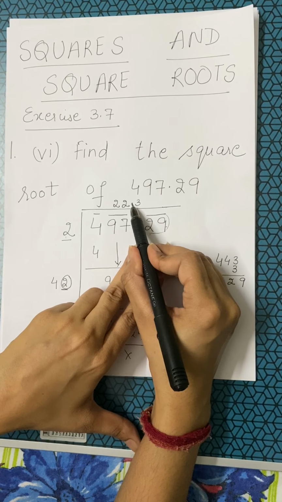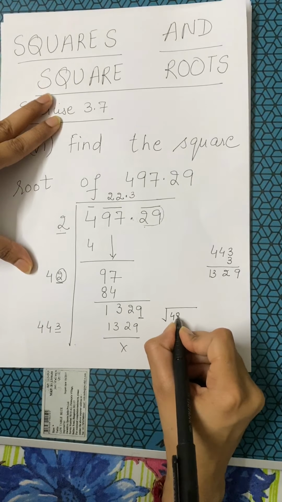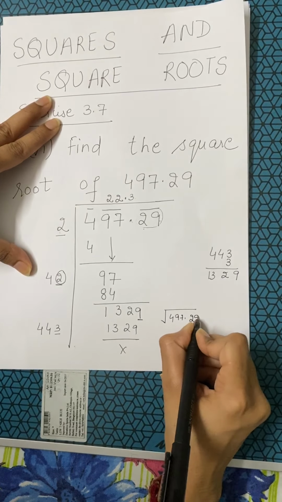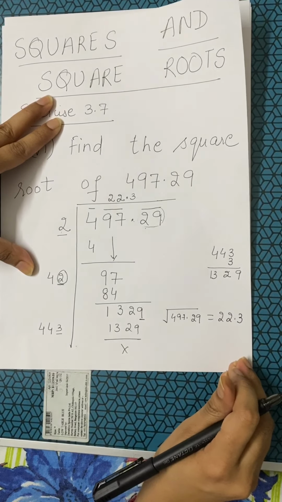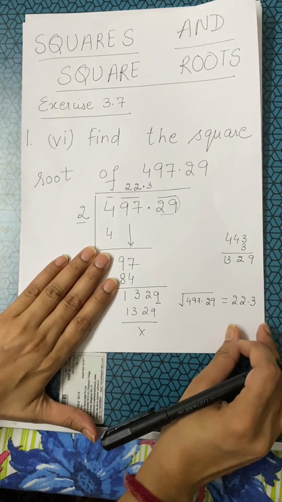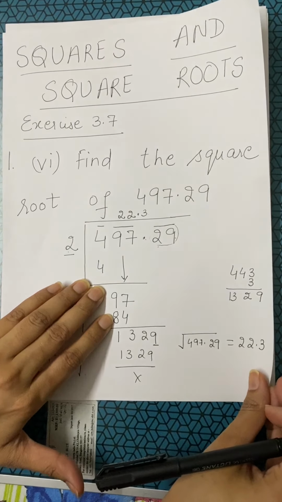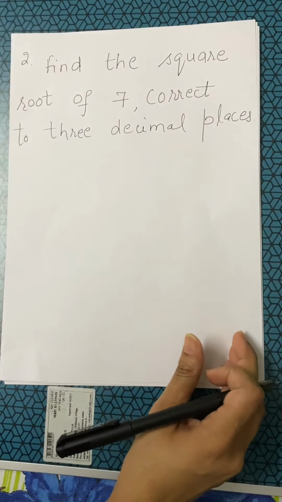That's why I have put the decimal before 3, or we can say the square root of 497.29 will be equal to 22.3. Here in this case, the decimal number is a perfect square. There might be a few examples in which the decimal may or may not be a perfect square.